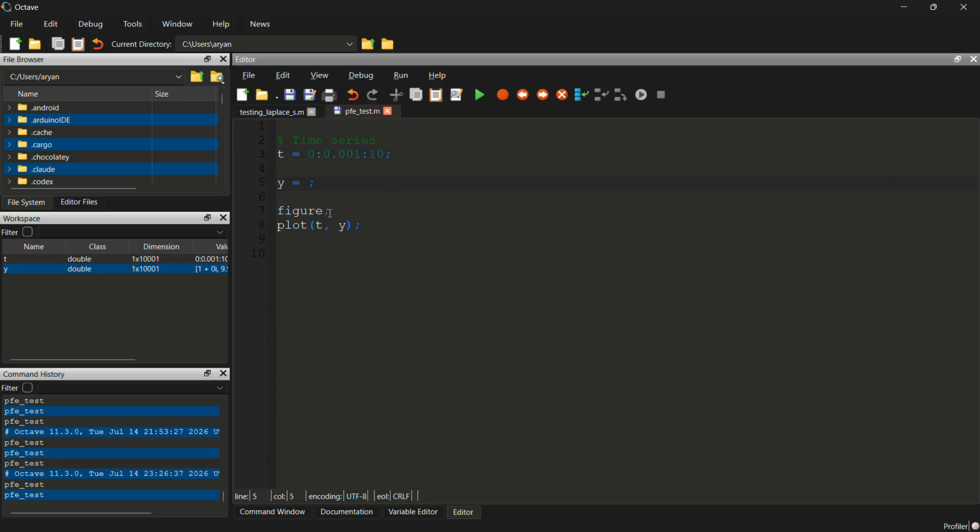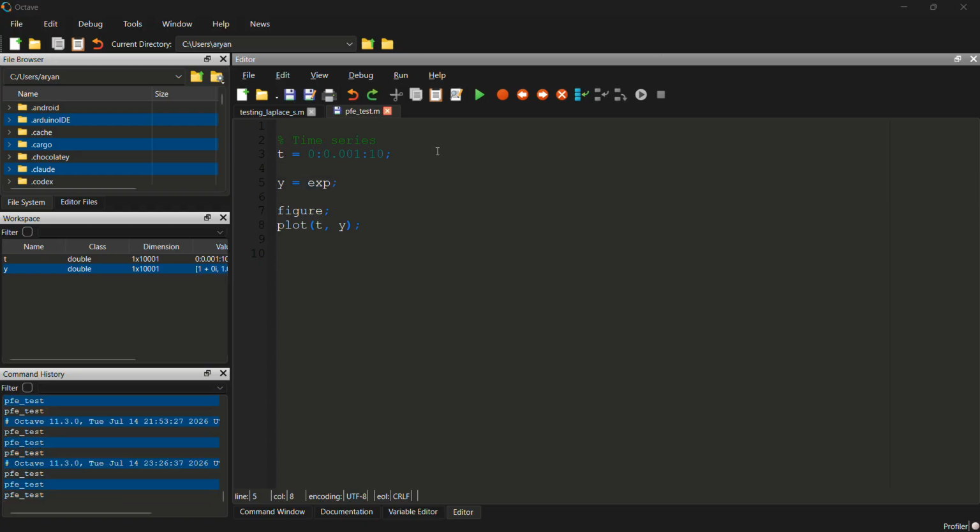Now let's define the function. So we had e raised to 0 plus 1j, multiplied by t.